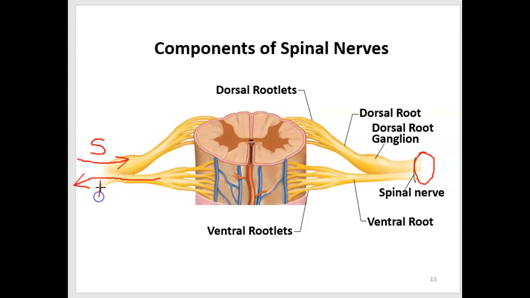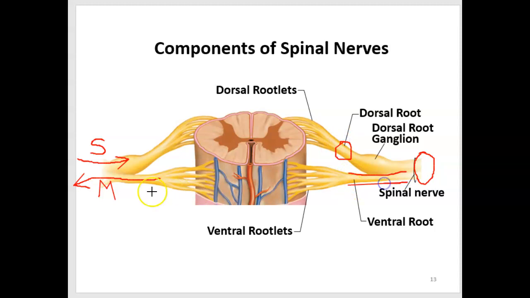So a spinal nerve has many neurons, and sensory and motor is separated. The spinal nerve is composed of two roots, the ventral root and the dorsal root.